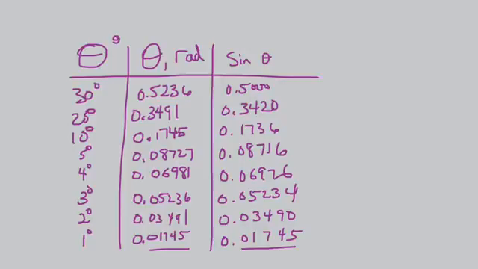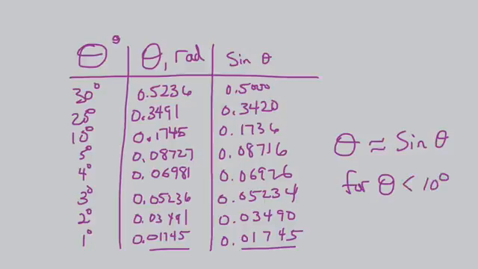So we can make a pretty valuable and pretty valid approximation here, that theta is approximately equal to sine theta for theta less than 10 degrees. So what do we do with this?